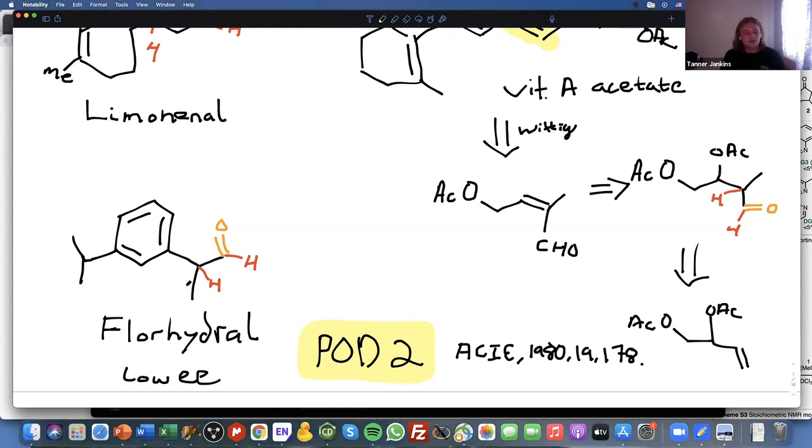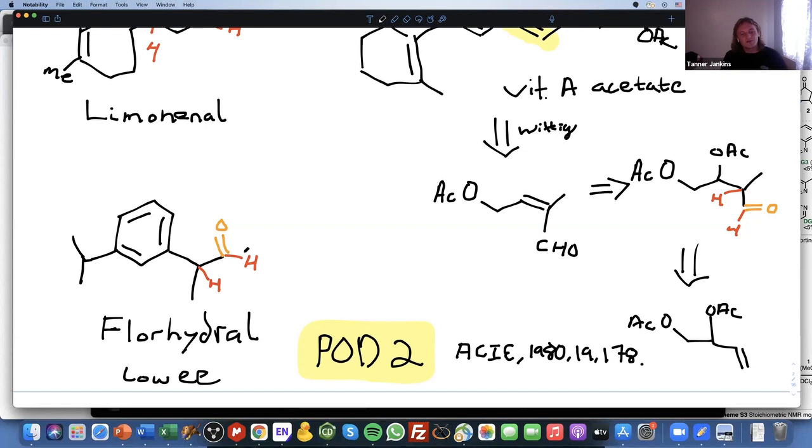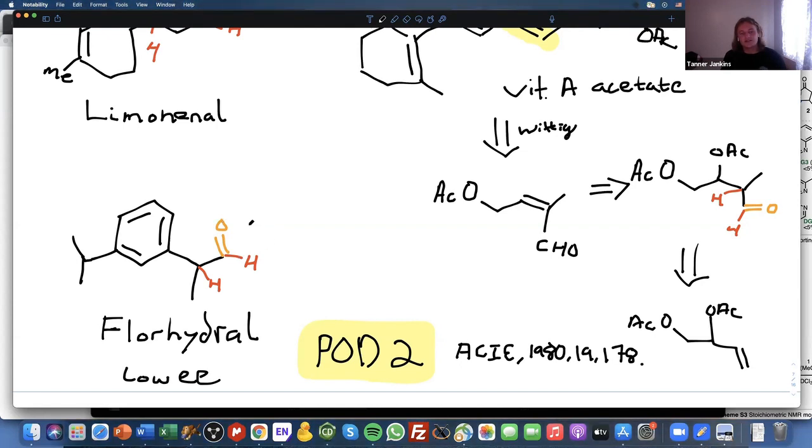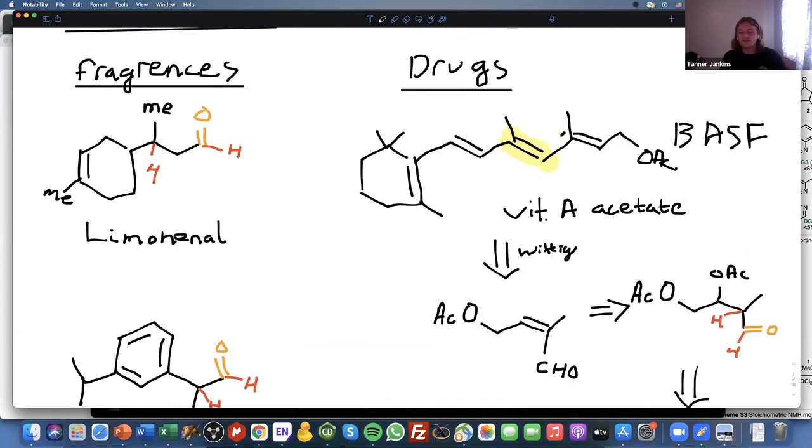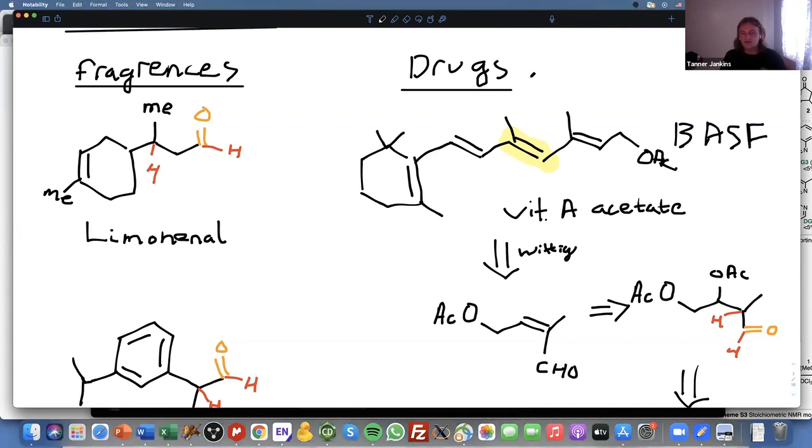There's one example where the asymmetric hydroformylation of a 1,1-disubstituted alkene can produce this fragrance compound known as Florhydral, which, although it happens in low ee, is still enough to give the desired smelling enantiomer.